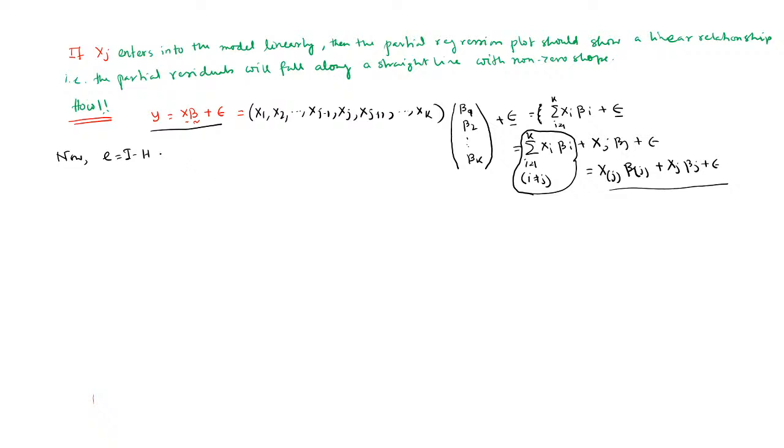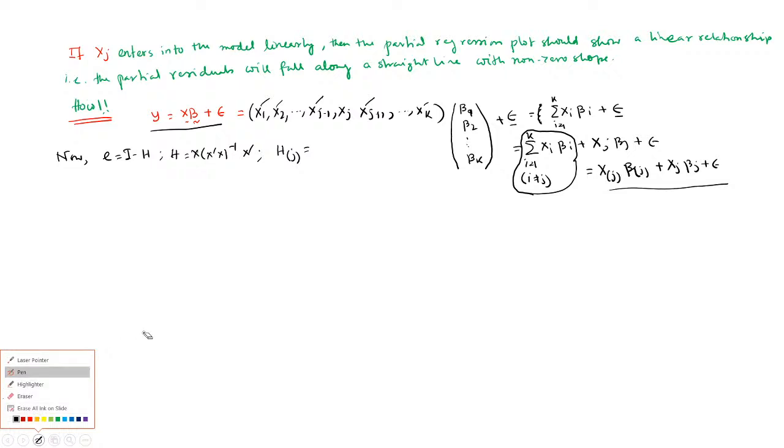So H is nothing but X(X prime X) inverse X prime, and similarly we define H within bracket j when we fit the regression equation using only x1, x2, ..., xj minus 1, xj plus 1, ..., xk, just eliminating the jth explanatory variable.